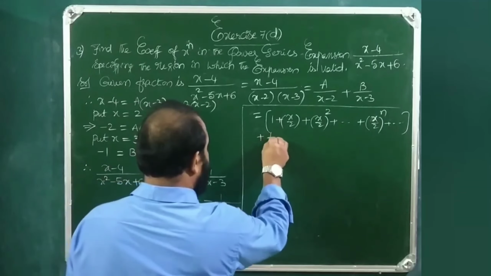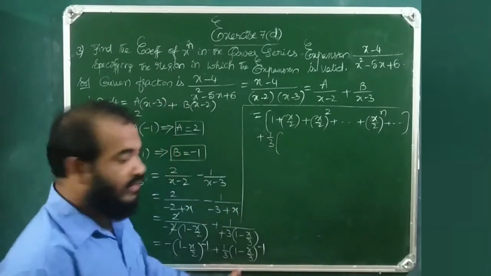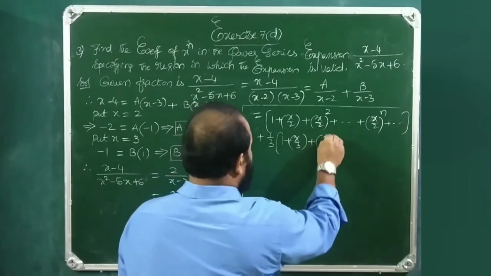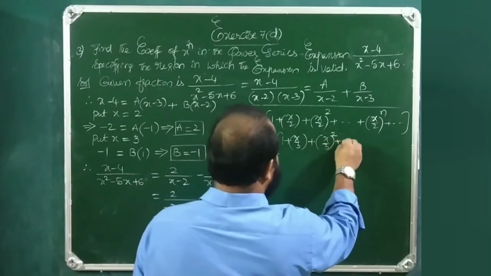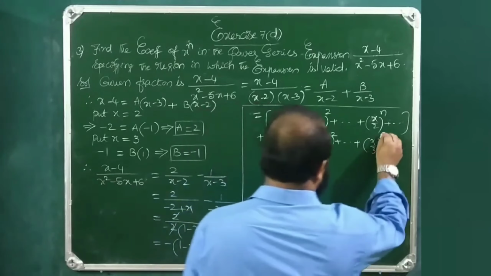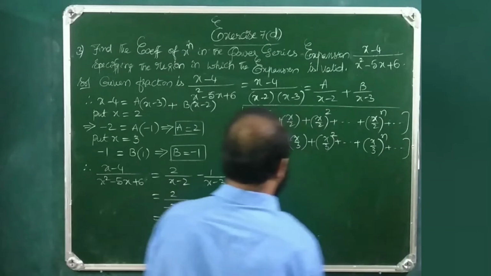Plus 1 by 3 into, this is again 1 plus x by 3 plus (x by 3) whole square plus etc. plus (x by 3) whole power n plus and so on.